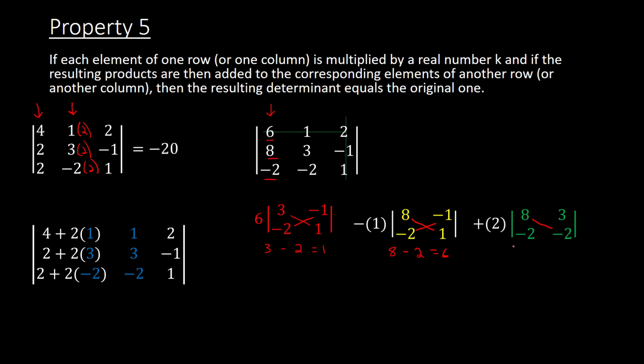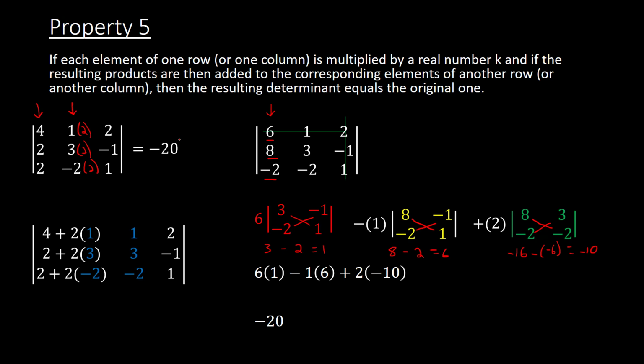In the third matrix, you have 8 times -2, so we have -16. Minus -2 times 3 gives you a -6. So -16 minus a -6 would give me a -10. So now we have 6 times 1 minus 1 times 6 plus 2 times -10. And that's going to give me 6 minus 6 plus or minus 20, which will be -20.